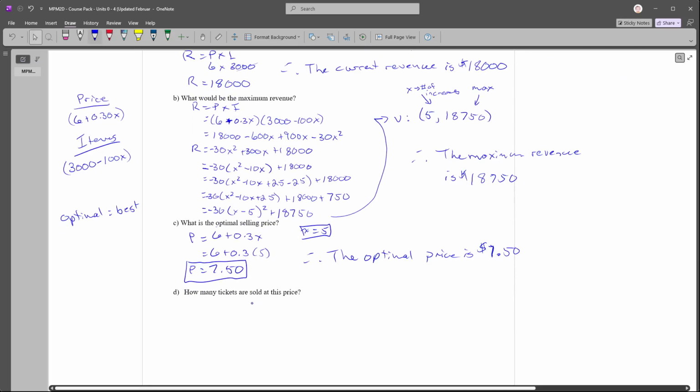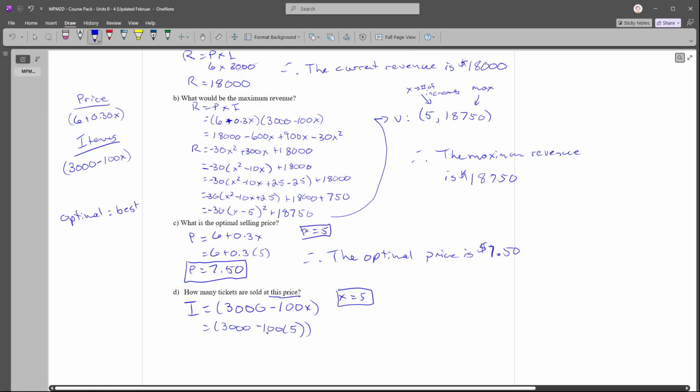So this is the exact same question as the previous one. In this case, we're trying to calculate items. Well, what is our formula for items? Our items is equal to 3,000 minus 100x. What is x? X is equal to 5 because it's at this price. So we substitute. So we have 3,000 minus 100 times 5.